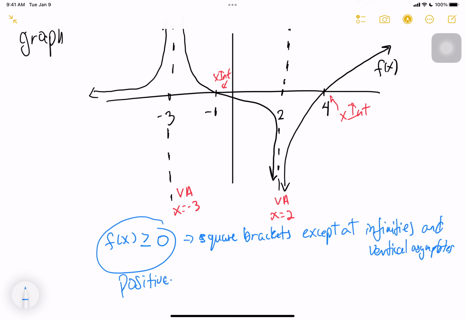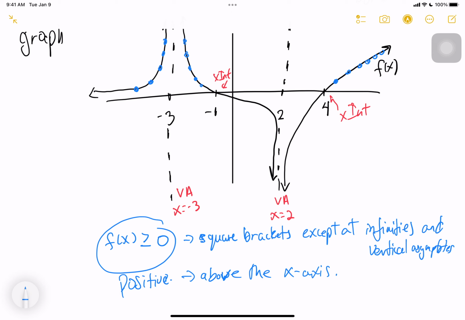And a positive function is one that is above the x-axis. Because if I was to plot a point above the x-axis, the y-coordinate would be a positive number. So all these points right here refer to locations or sections of the graph that have positive y-coordinates, while the graph is above the x-axis.